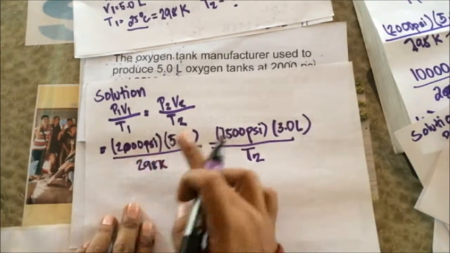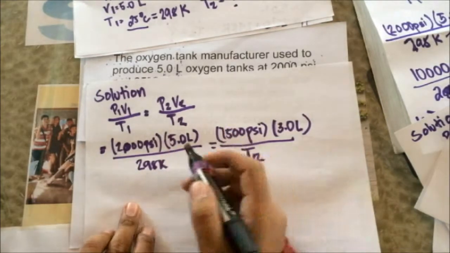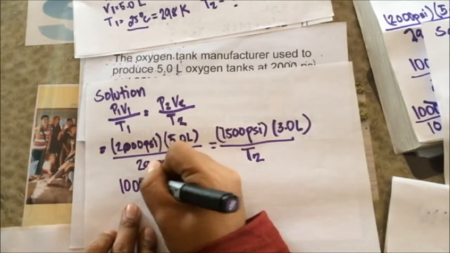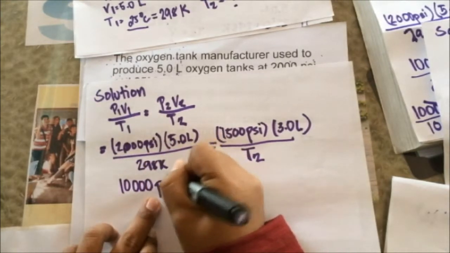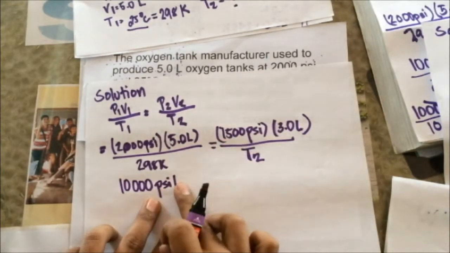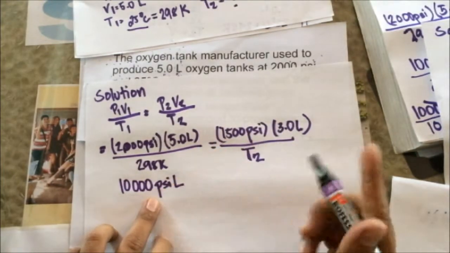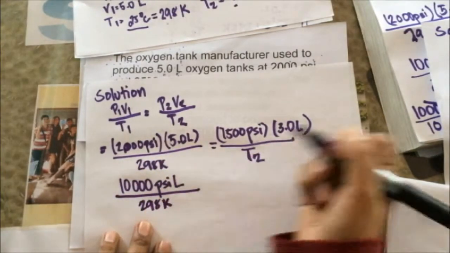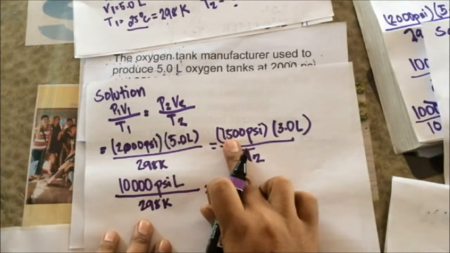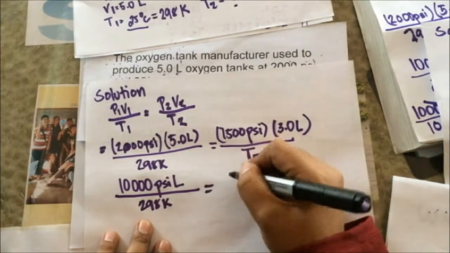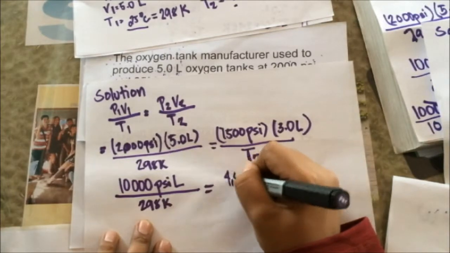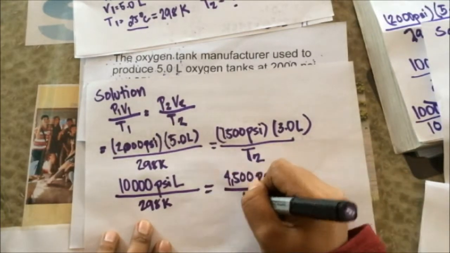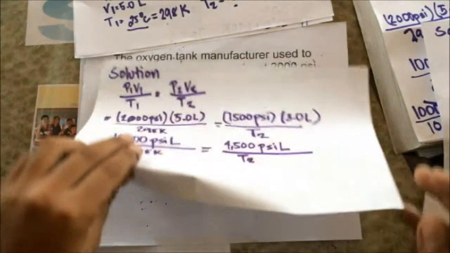So 2000 psi times 5.0 liter is 10,000 psi liter. We can just leave it as it is, and I'll be showing you how to cancel those units later. Over 298 Kelvin is equivalent to 1500 psi times 3 liters, which is 4,500 psi liter over T2, and that's it.